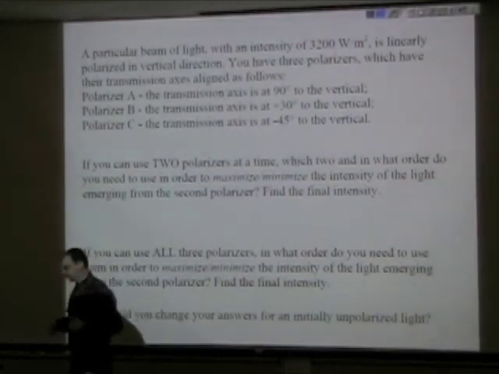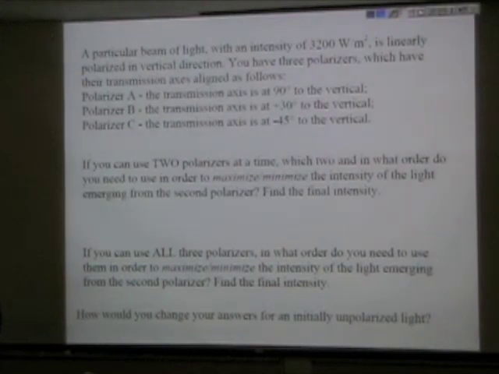An inverse problem sounds like this: if you want to have a specific intensity in the end, how would you choose the orientation of your polarizers? Okay? And in the end, what could we do? Well, we could cut it completely. We could maximize intensity. We could minimize intensity. How would we maximize intensity? How would we minimize intensity?